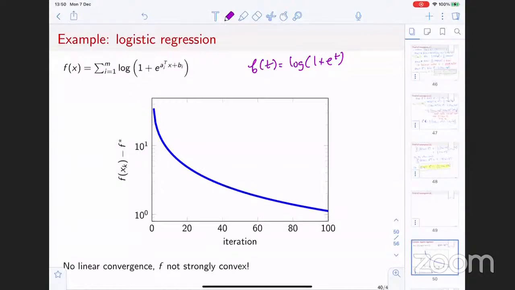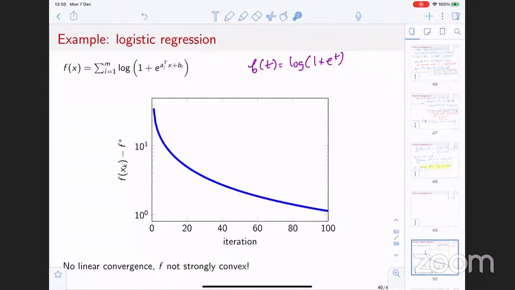I ran it here for 100 iterations, and after 100 iterations the gap is still quite big: f of xk minus f star is on the order of 1. So the gradient method is quite slow for this function.